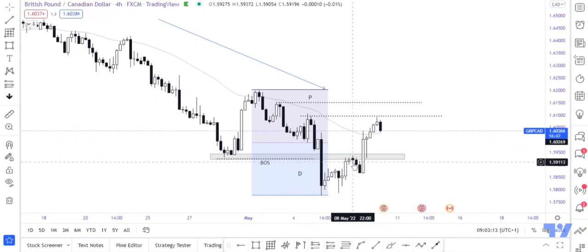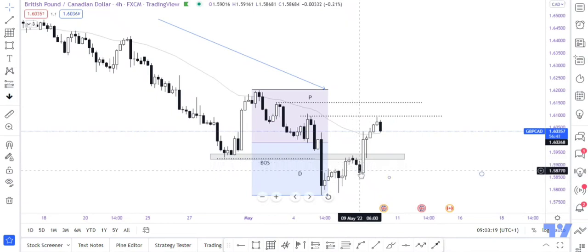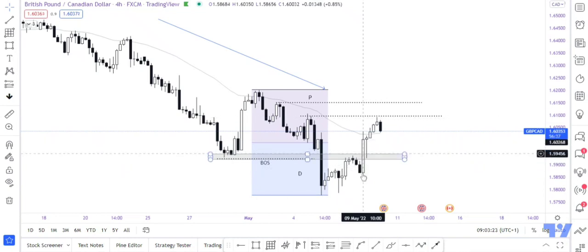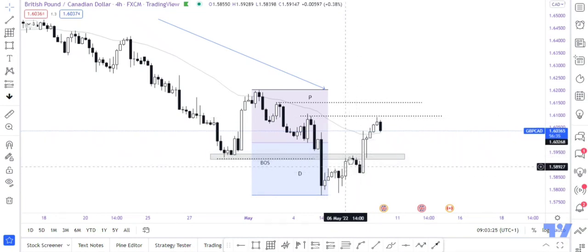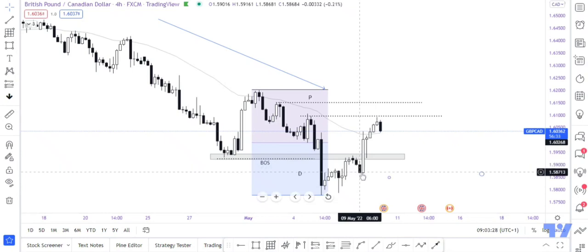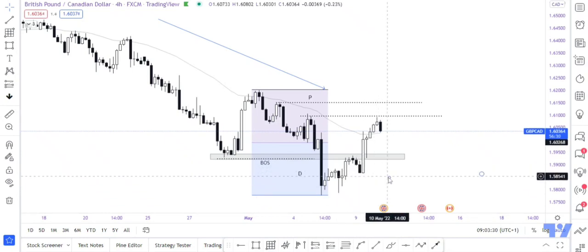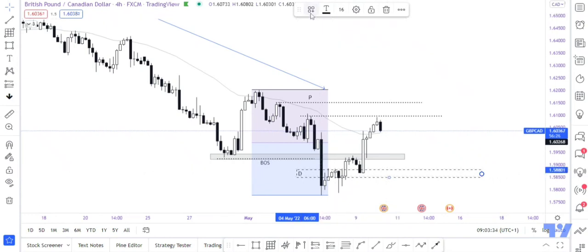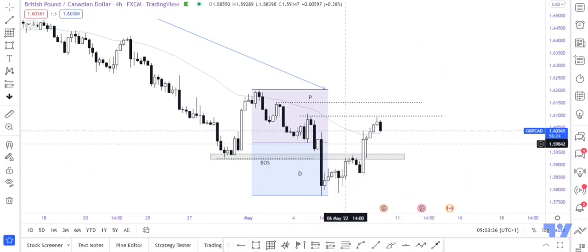So a lot of traders did that, and you can see that the market moved in that direction for a while, and then took them out with this big bullish candlestick. To avoid such a trade going against you, you wait for the market to get to the premium level before you look to take a sell trade.